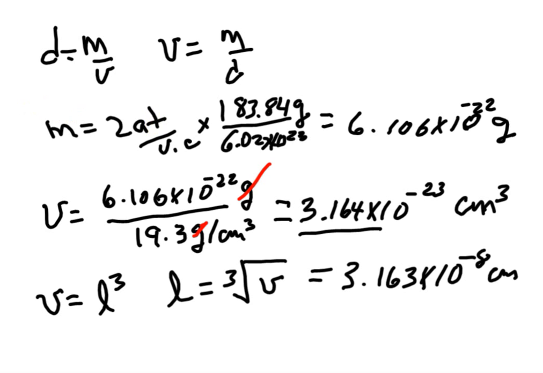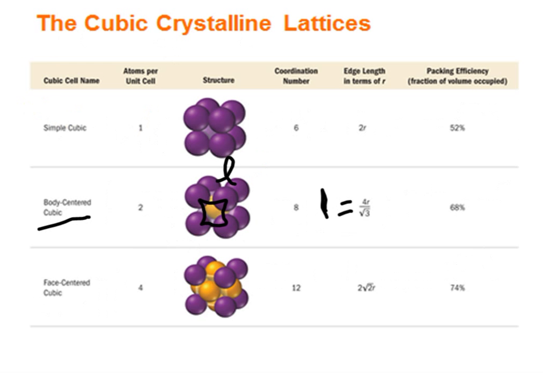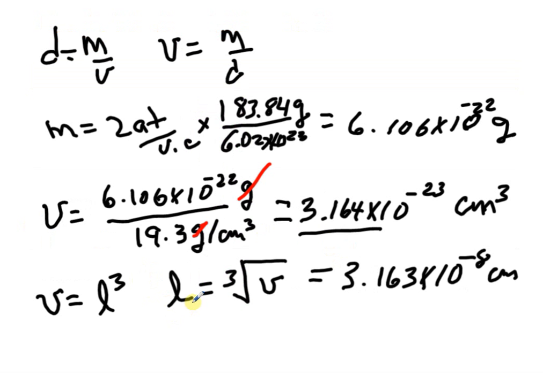Now, if I go back to this relationship here, I can solve for r, and I can say that r is equal to the square root of 3 divided by 4 l. So I can bring that into this equation and solve for that. So let me get some more space to write here.